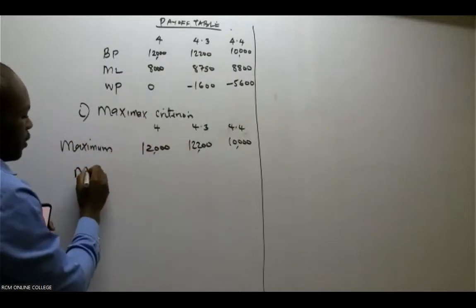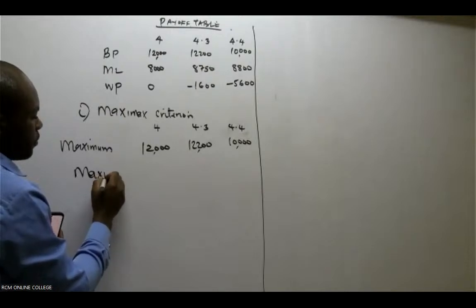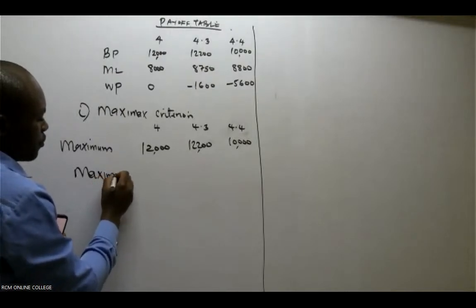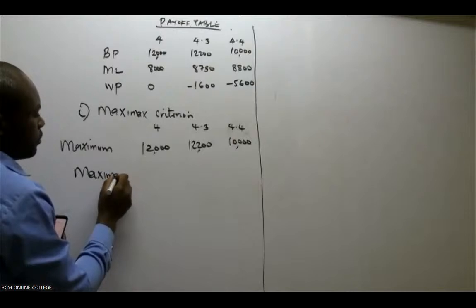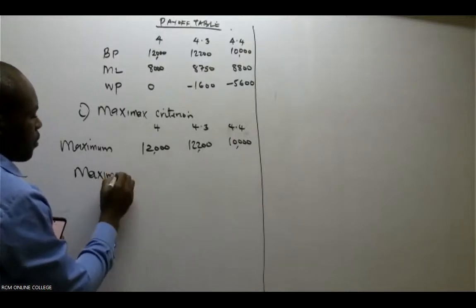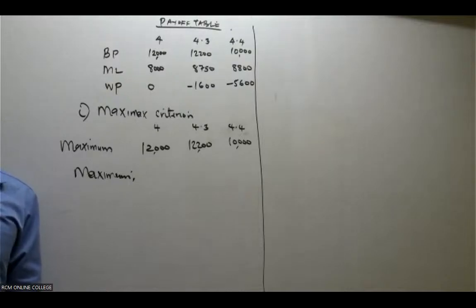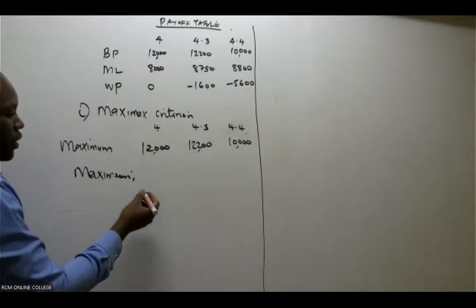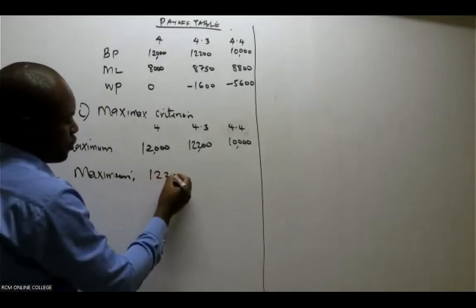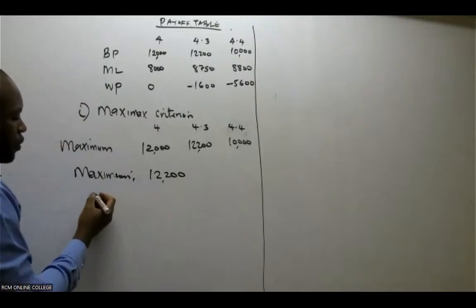What is the maximum again of the maximum? Now that we've selected all the maximums for each column, what is our maximum figure there? 12,200. So advice or decision?